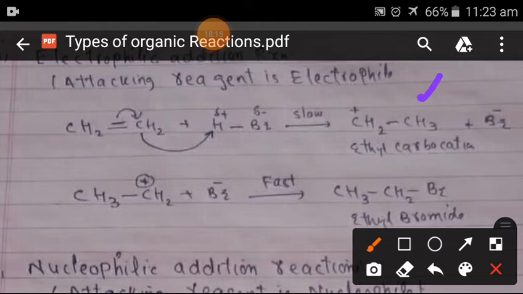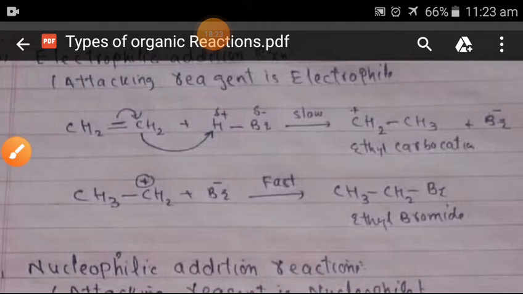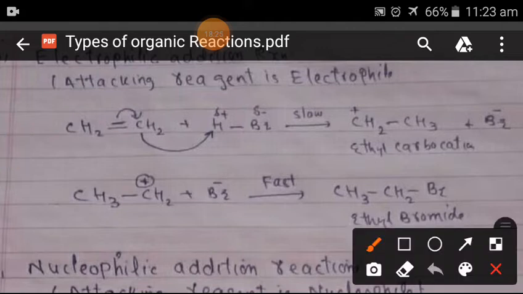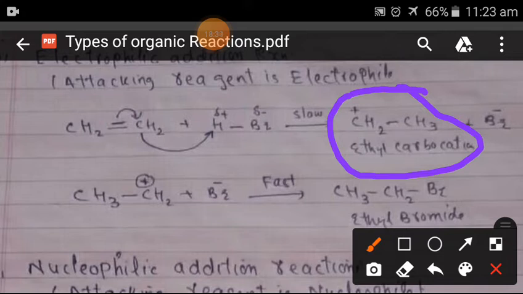So it may proceed by SN1 or SN2. Clear? Here, for example, an addition occurs across the carbon-carbon double bond, resulting in the formation of an ethyl carbocation, and the bromine is released in the form of bromide ion.